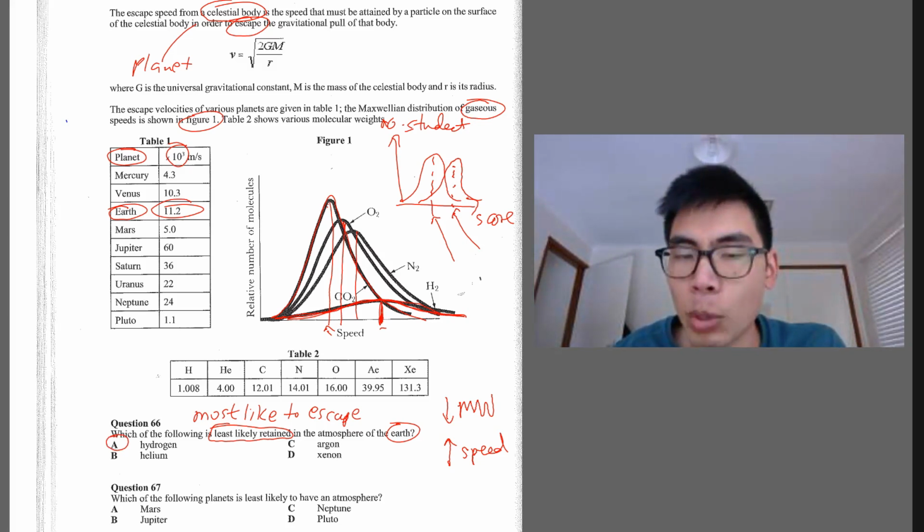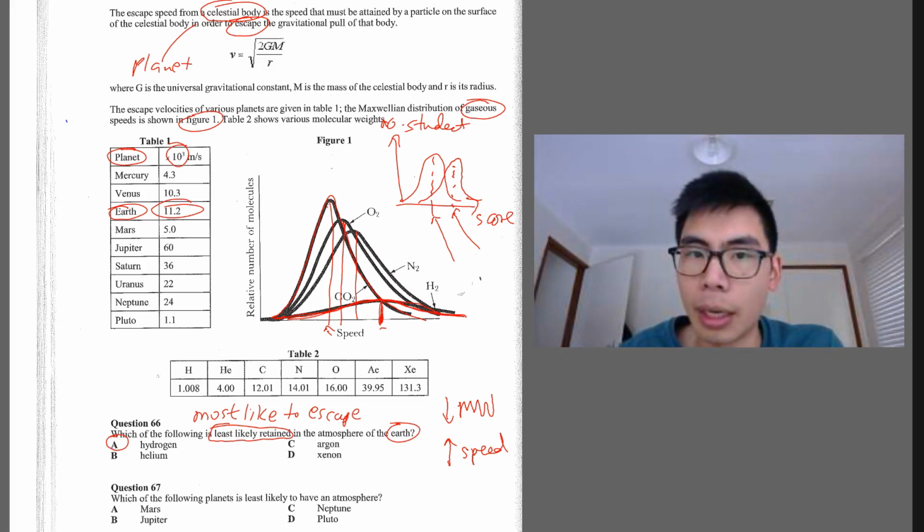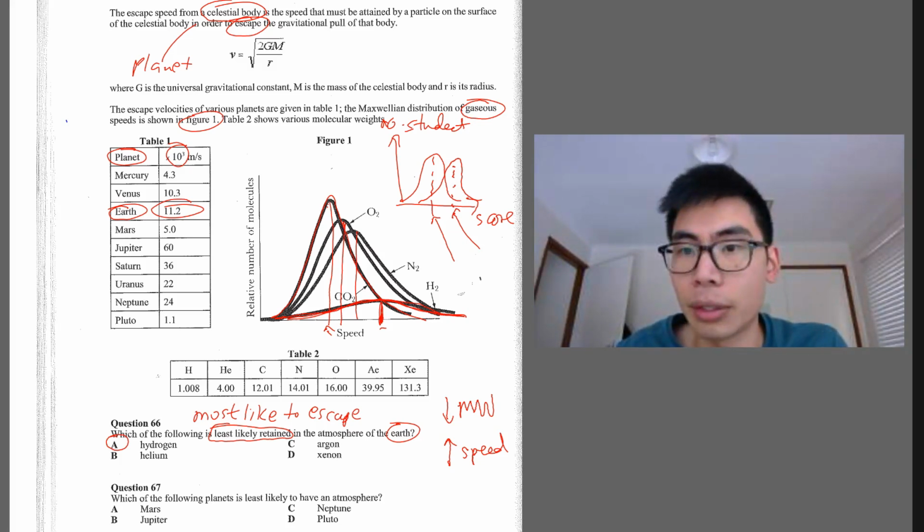So hopefully that makes sense. And you can see how you can break down a question such as this. And there are a few things to note from this question, which is that there is hardly any knowledge that you really need to have prior to doing this question.